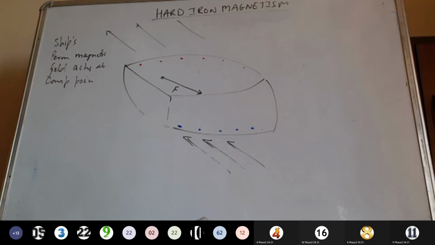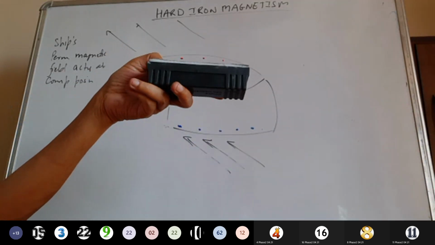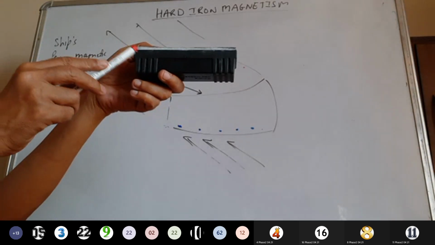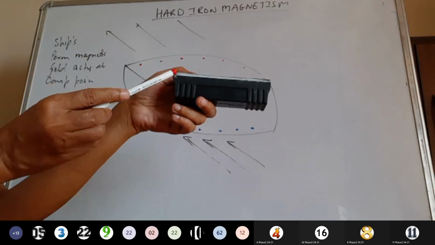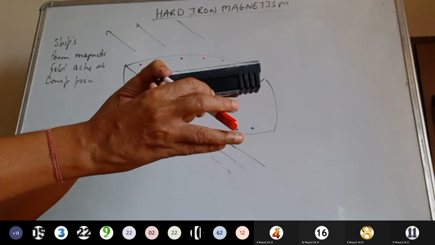Okay, so now we are going to resolve this force F. In which direction is this force F acting? It could be acting in any oblique direction. Let us say this is a duster, and this corner that I'm showing is the magnetic compass position, and this force F is acting in this direction.